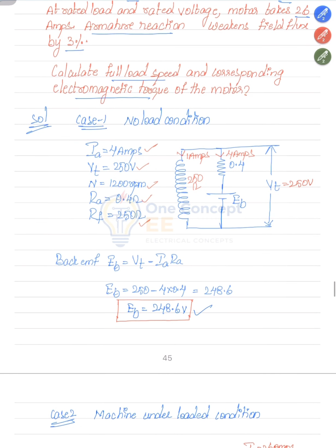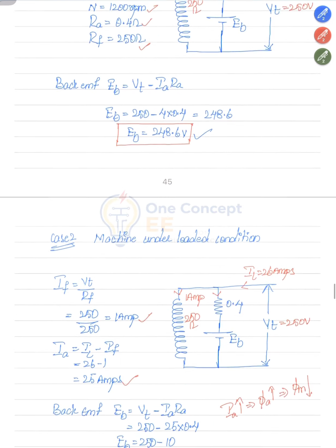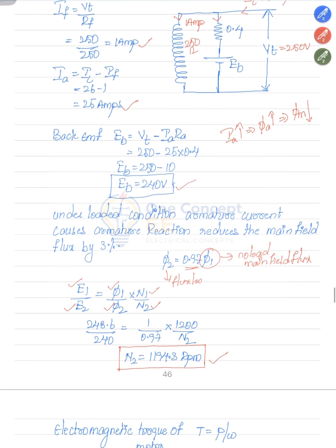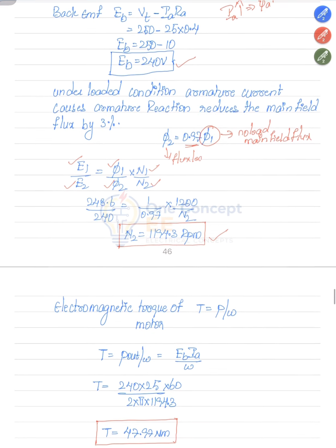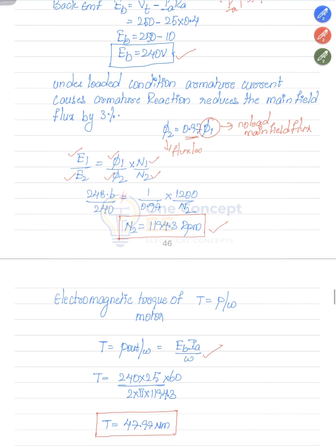Along with this, they are asking to find the electromagnetic torque. Here, electromagnetic torque means the torque developed. Torque developed is Eb into Ia by omega. Omega is the speed under full load condition, in radian per second, which is 2 pi N by 60.